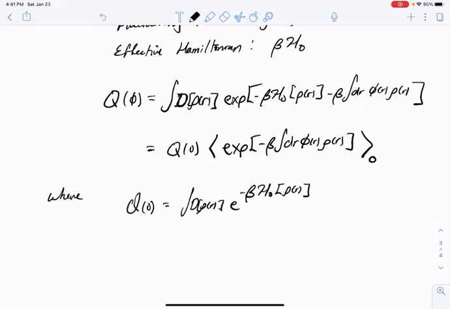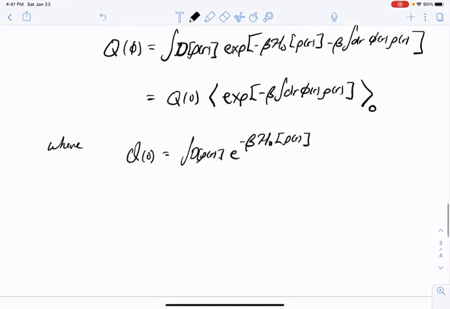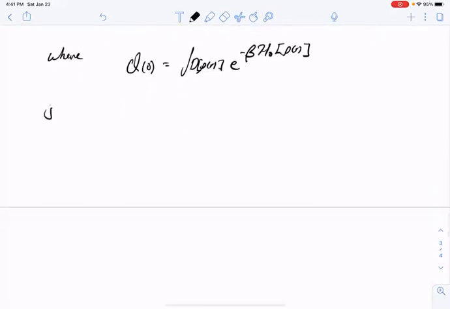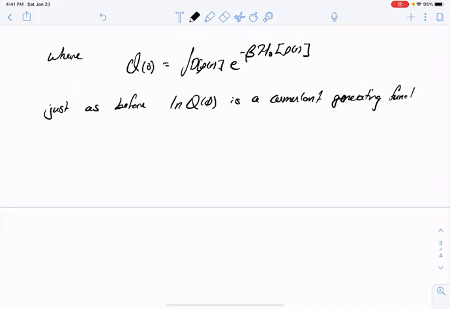And the structure is identical to what we've seen before. Here, log of Q of phi is a cumulant generating function. It just looks a little more scary because it's now of a field in infinite dimensional vector space.